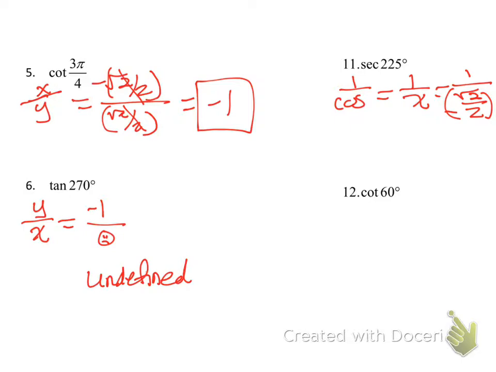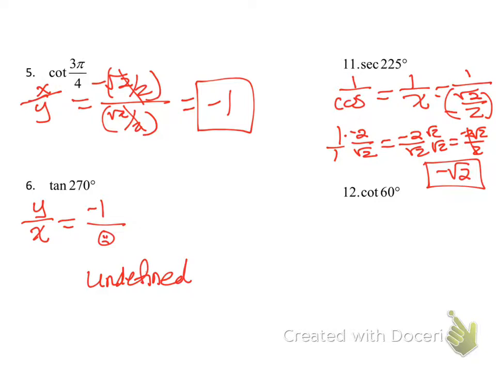So I should put a negative with that as well. And then I do keep, change, flip. So negative 2 over root 2. But rationalize the denominator, so negative 2 root 2 over 2. These cancel. So I just got negative root 2.